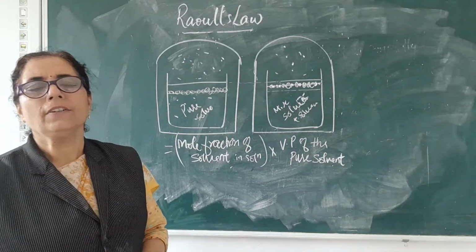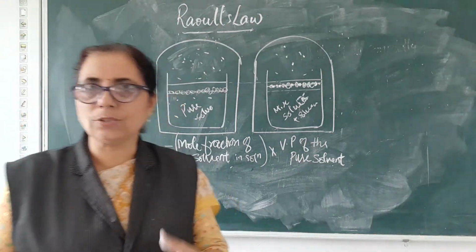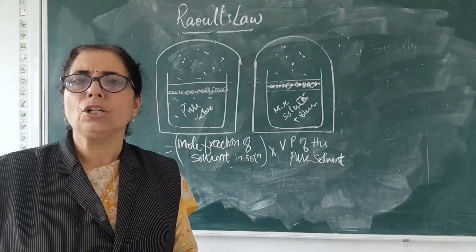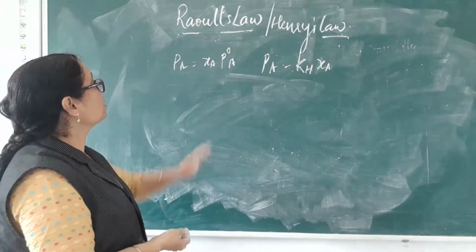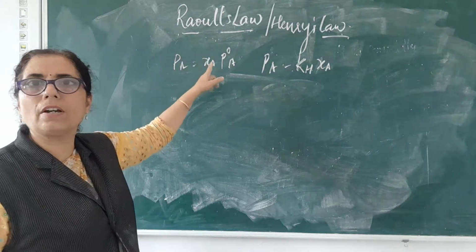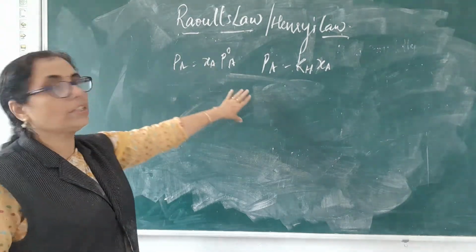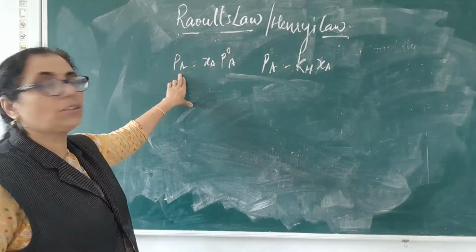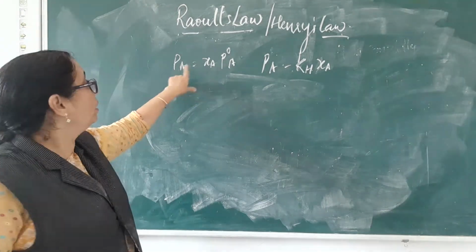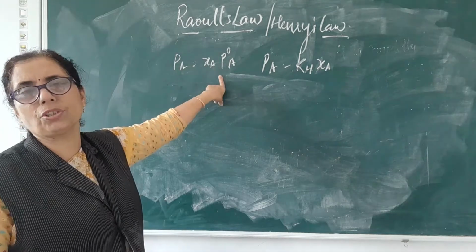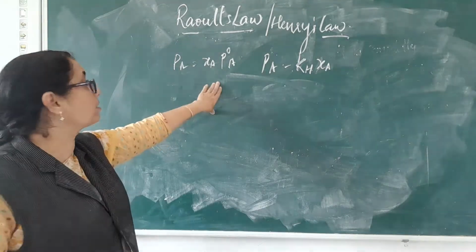So in this way, I have tried my level best, children, to explain Raoult's law. Now children, you can see the difference between Raoult's law and Henry's law. Both the equations are the same. In both cases, the pressure exerted by the component is equal to the mole fraction of the component present in the solution.